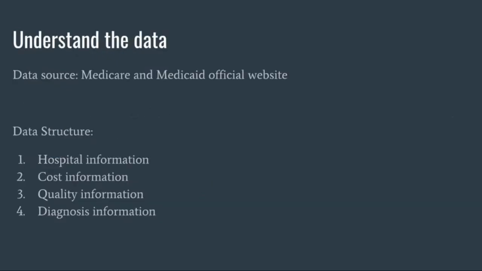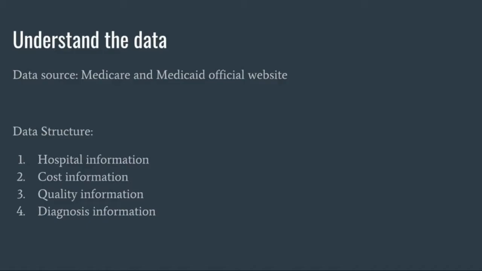In the first section, I will do some data exploration using those public data. The data source is CMS. The data structure is divided into four sections: hospitals, cost, quality, and diagnosis information.